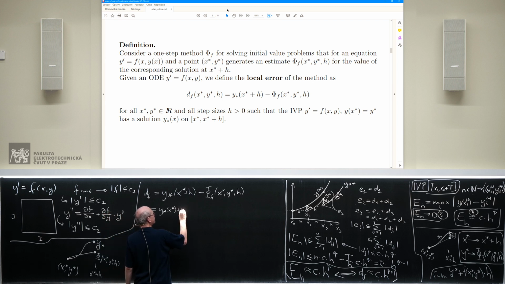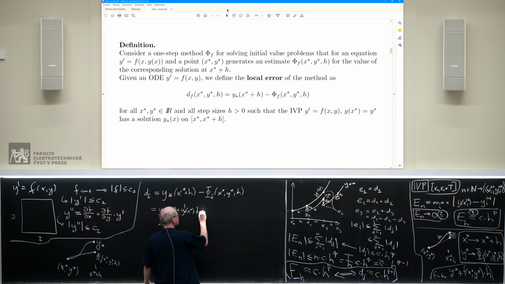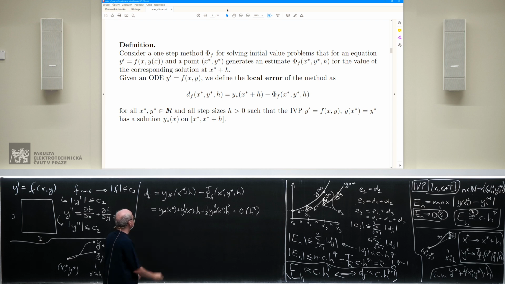Now the linear part, y derivative star, x star times step size h. Let's say we take also the second, the quadratic term, the second derivative of y star, x star, h squared, and that should be enough, plus o h cubed. There is some tail that I'm ignoring.